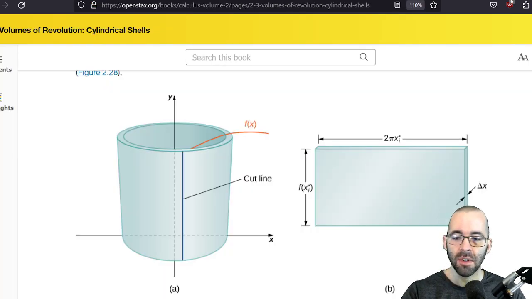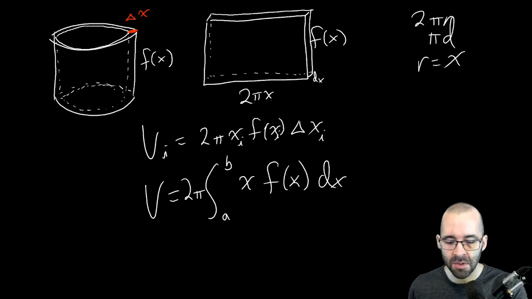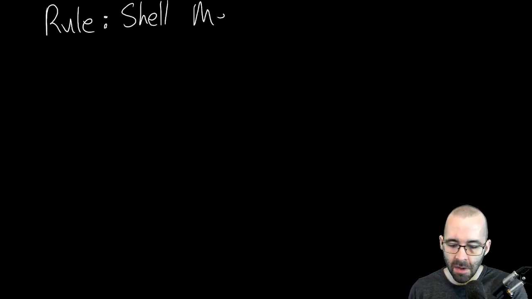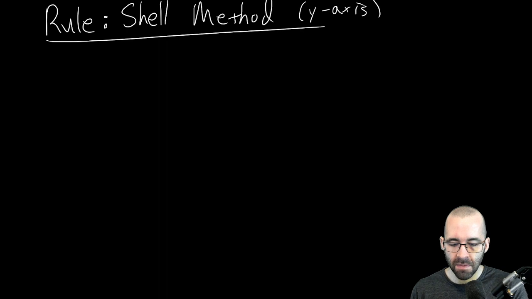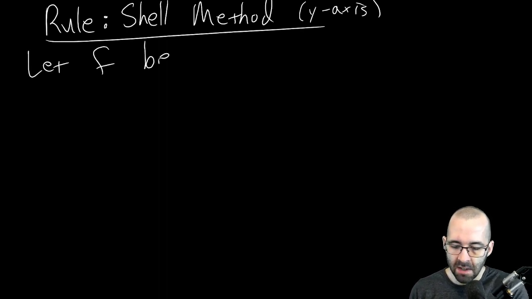Okay, so let's introduce the method more formally, and then we'll do some examples in the next video. So this is a rule for the shell method, specifically the shell method about the y-axis. And we have some requirements, just like before. Let f be continuous and non-negative.